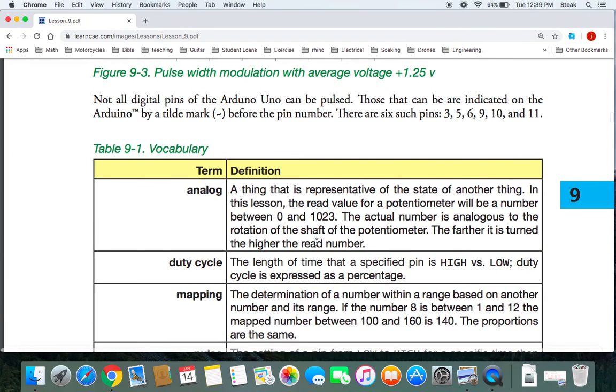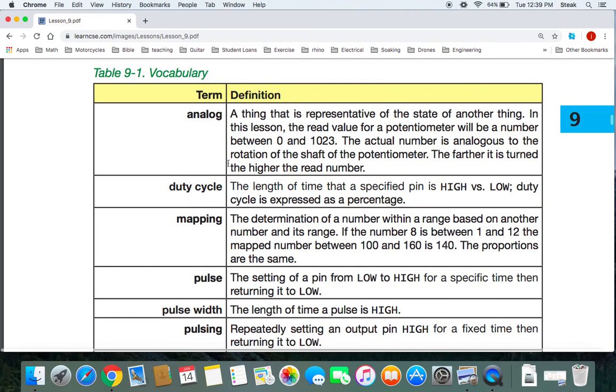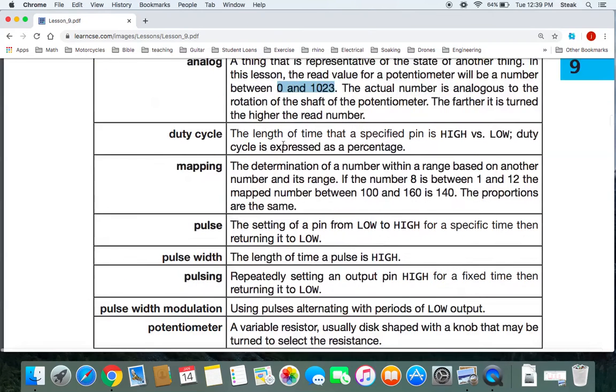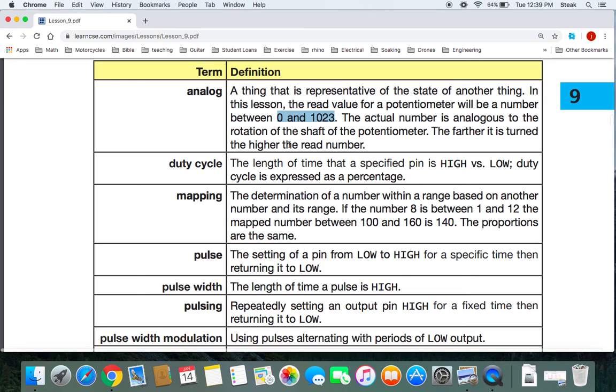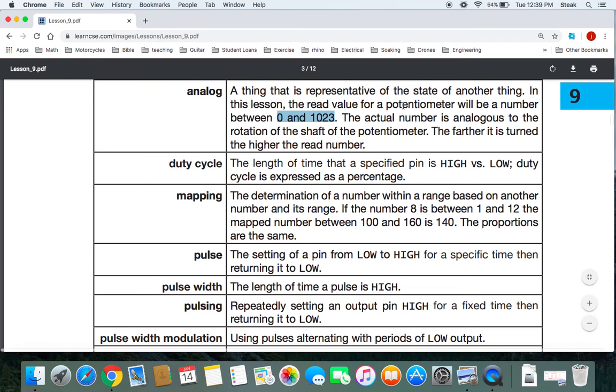Okay, here we go. Lots of good terms here. The only thing you need to know for the quiz is that it goes from 0 to 23. You need to know what a potentiometer can be used for. So it can be used as an analog input device.